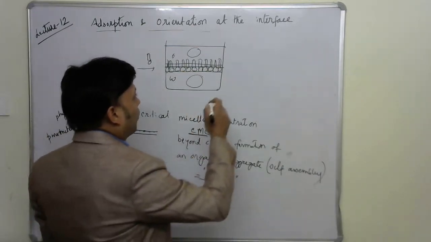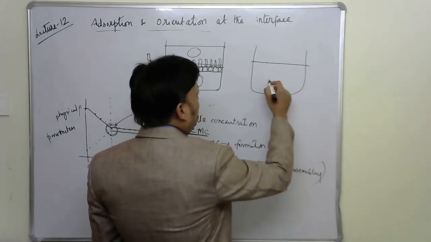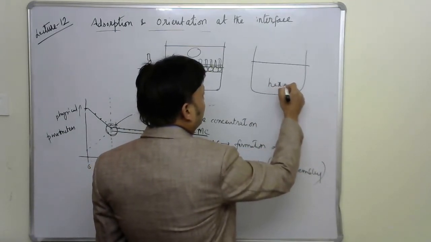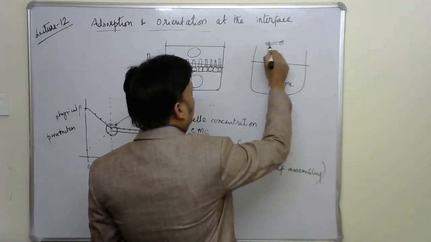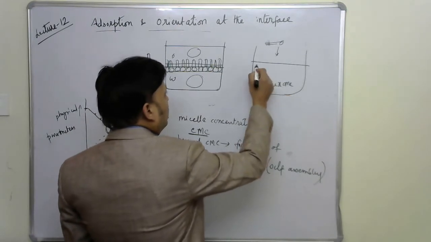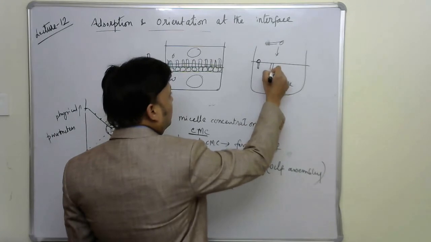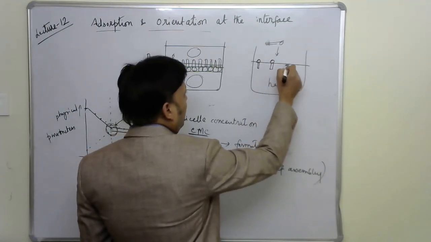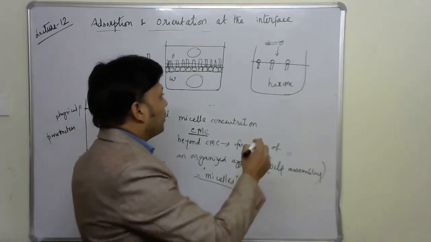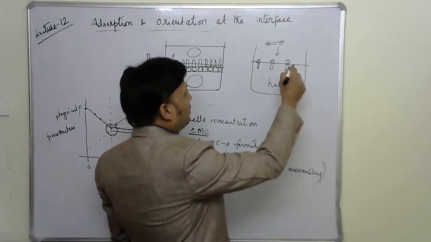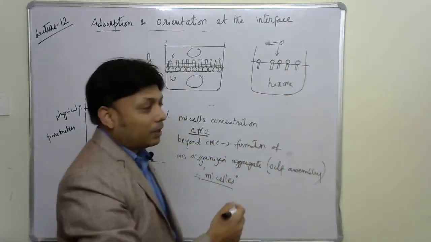Now before we finish today, one thing I would like to remind you: if my liquid is hexane and I am adding the surfactant molecule here, initially you can expect that they would show surface activity by burying their hydrocarbon part in the non-polar medium, and by protruding their polar head group away.